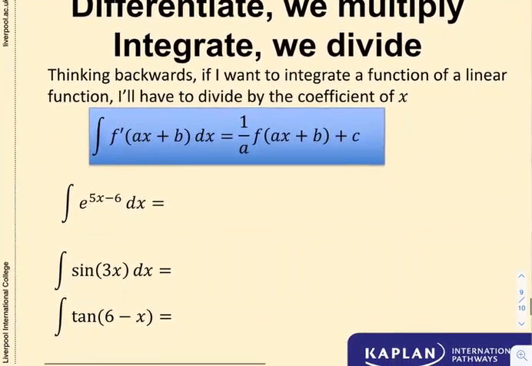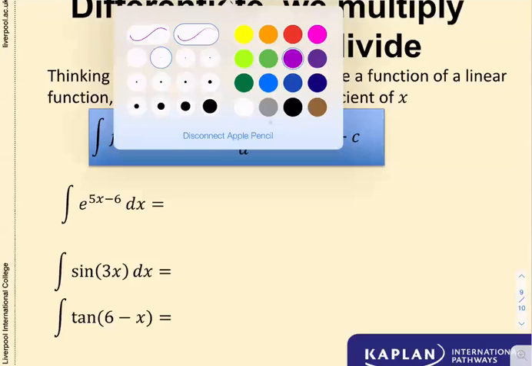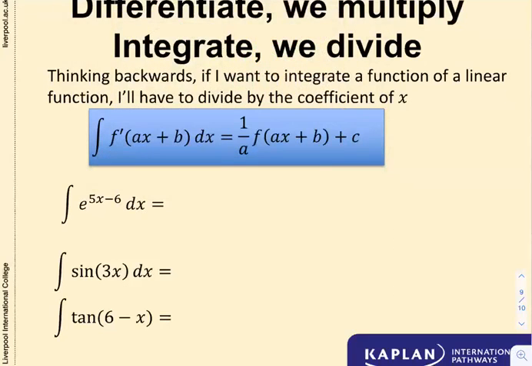So in this case, the integral of e to the power 5x minus 6: the differentiation for e to the power thing is the same as it is, so it's going to be e to the power 5x minus 6, as it is, divided by the coefficient of x, which is 5. So this is going to be e to the power 5x minus 6 divided by 5, which is 1 over 5.